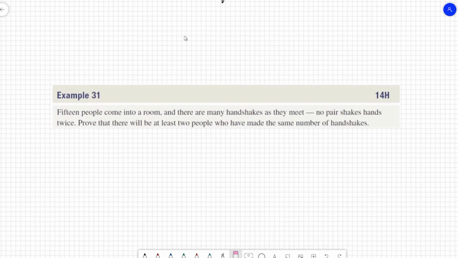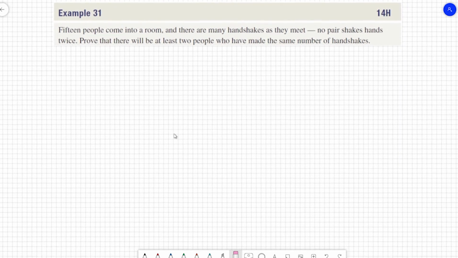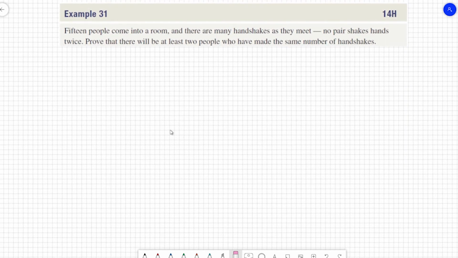Let's move on. So the next one is interesting because the way to find how many holes there are is slightly tricky. 15 people come into a room. There are handshakes as they meet. No pair shakes hands twice, and no one shakes their own hands.